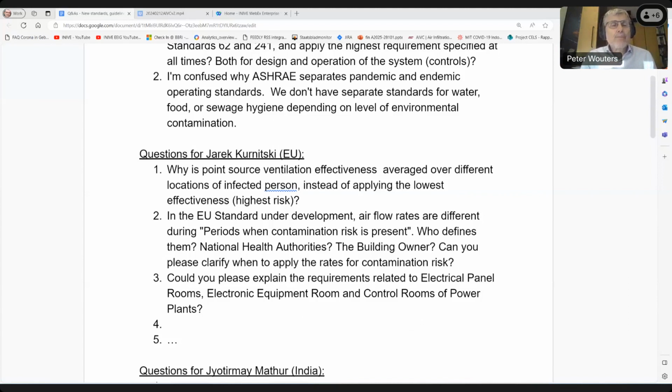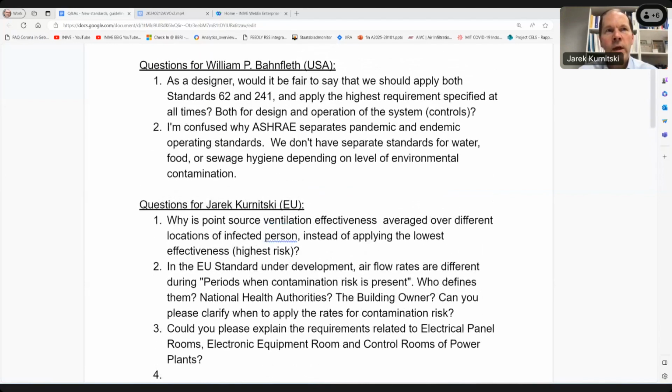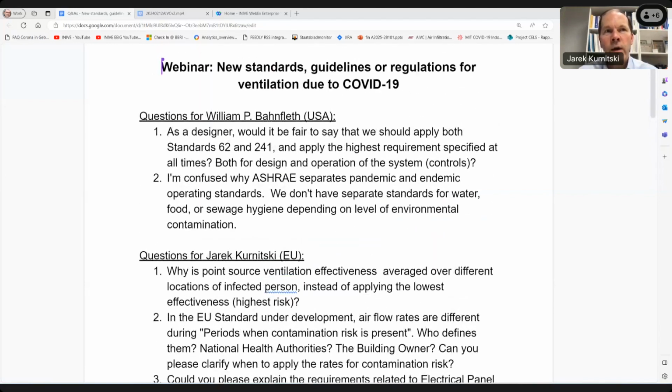Yeah, I think this is the national public health authority which will provide information about epidemic periods, and it worked quite well during COVID. But yes, if we have some new epidemic situation, we just expect that public health authorities will tell us when we have high epidemic infection risk.